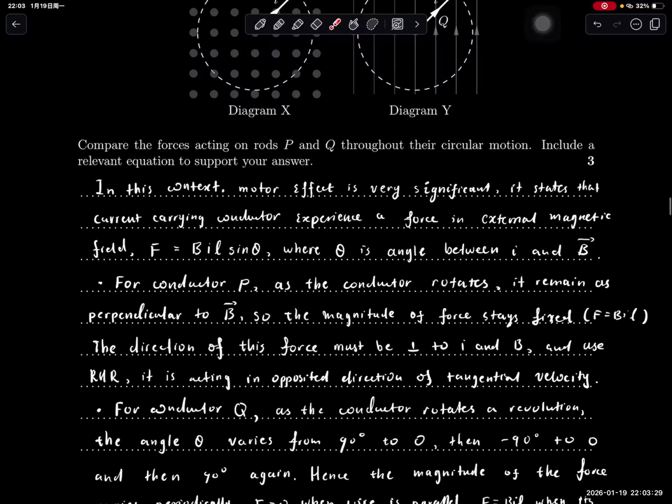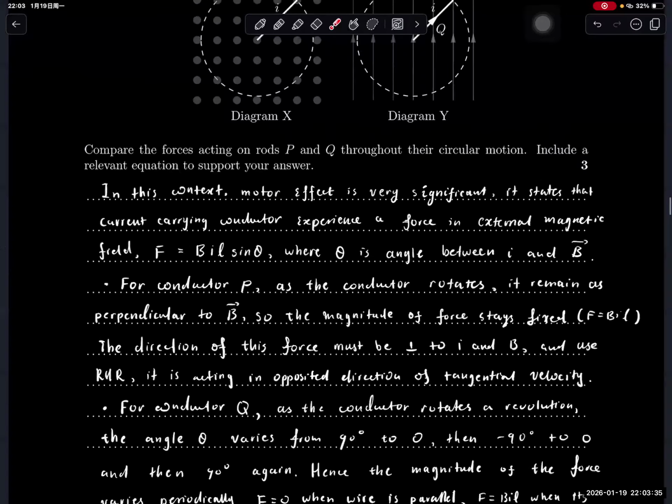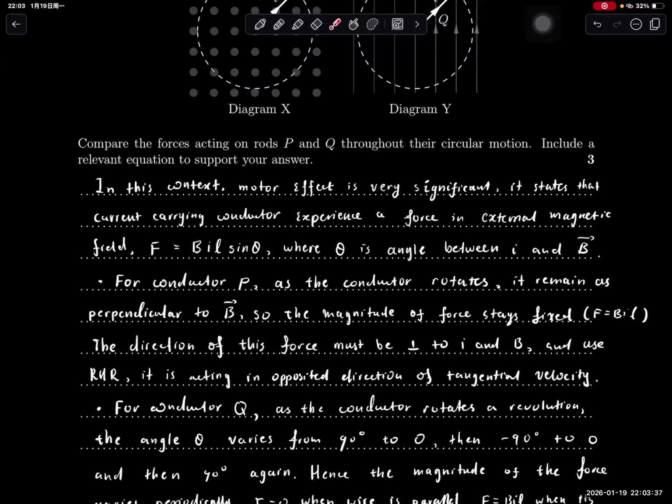So I said the magnitude of the force stays fixed because it's always perpendicular. BIL, nothing changes in BIL. And the direction of this force must always be perpendicular to the current and the magnetic field. As it rotates, the current changes direction radially.